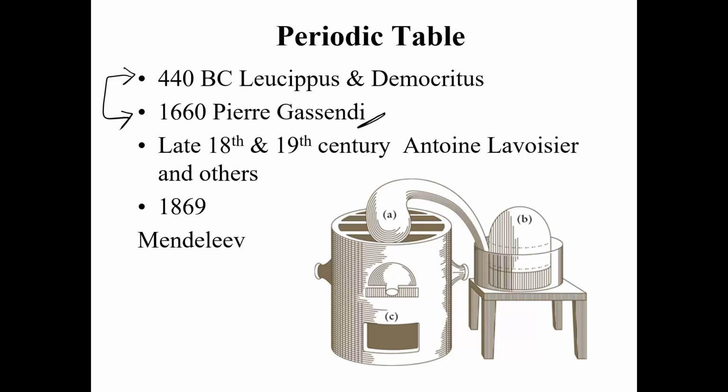And so then in the 18th and 19th centuries, it took about a couple hundred years for Mendeleev to put it all together into a periodic table. But it was Antoine Lavoisier who, for example, burned mercury oxide and was able to collect mercury and decompose it into mercury and oxygen gas.